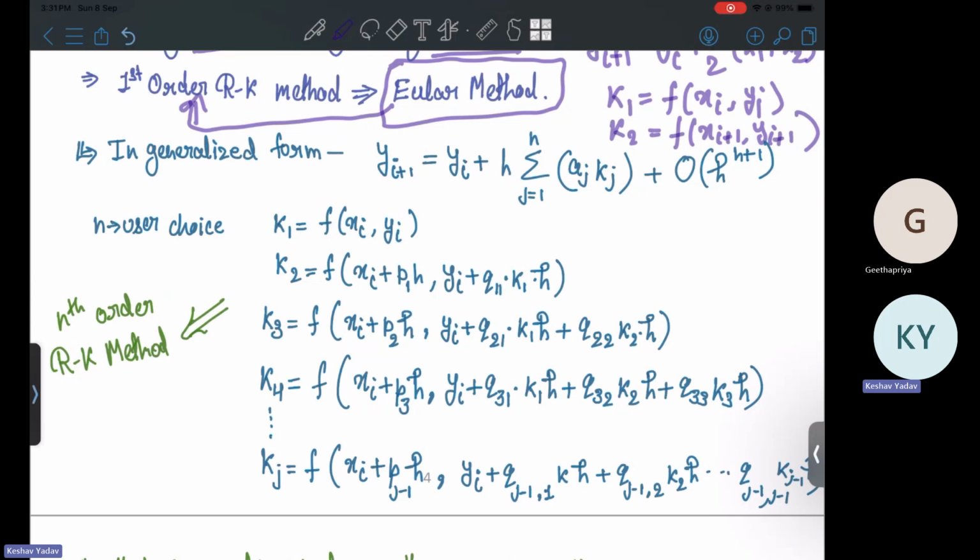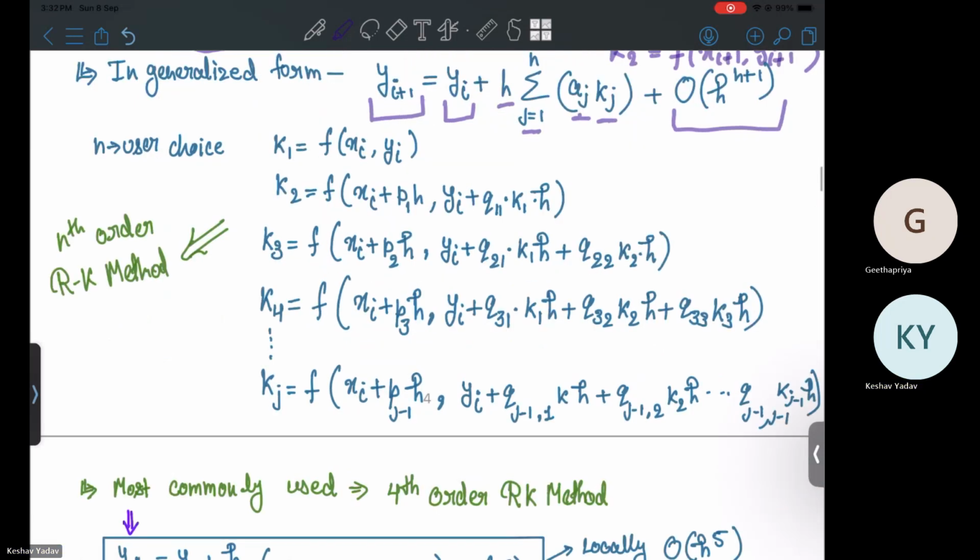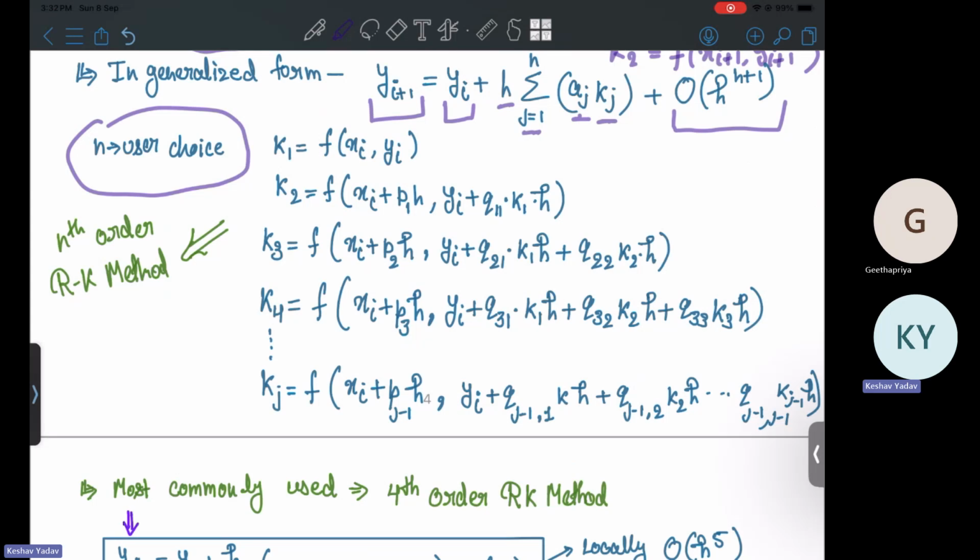So in general form, we can write y i plus 1 equal to y i plus h multiplied by the summation of j equal to 1 to n of a j k j, and its order will be locally order of h to the power n plus 1. This n can be defined by the user.